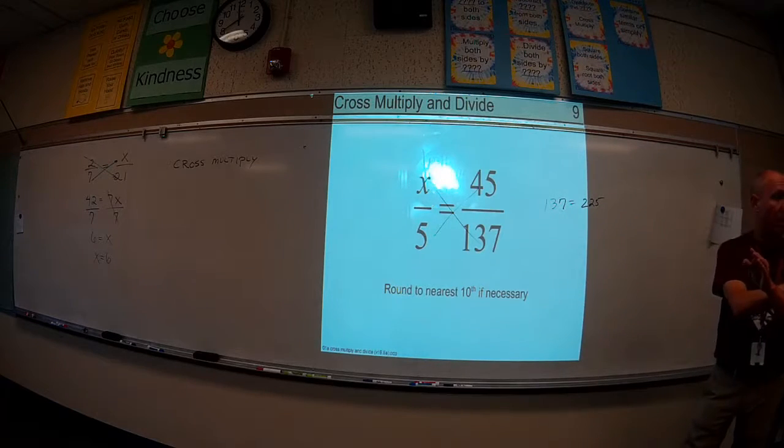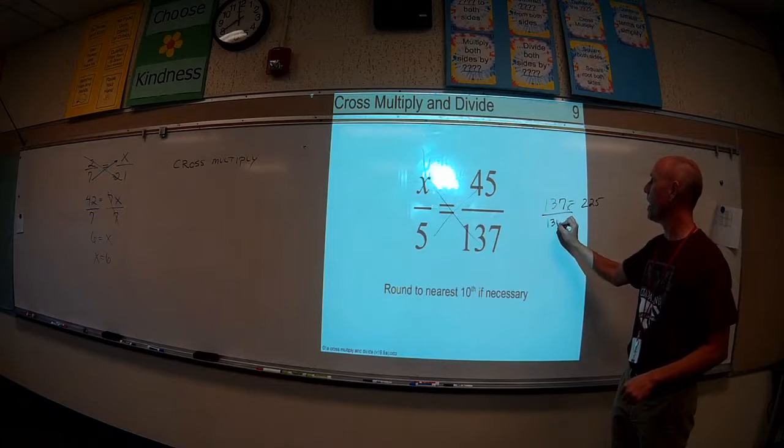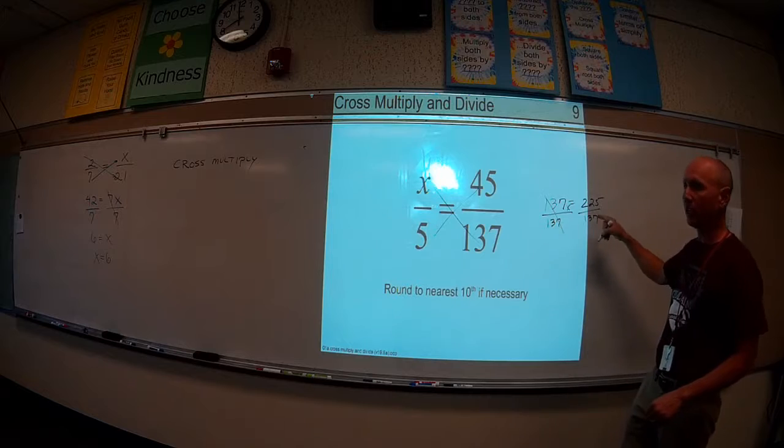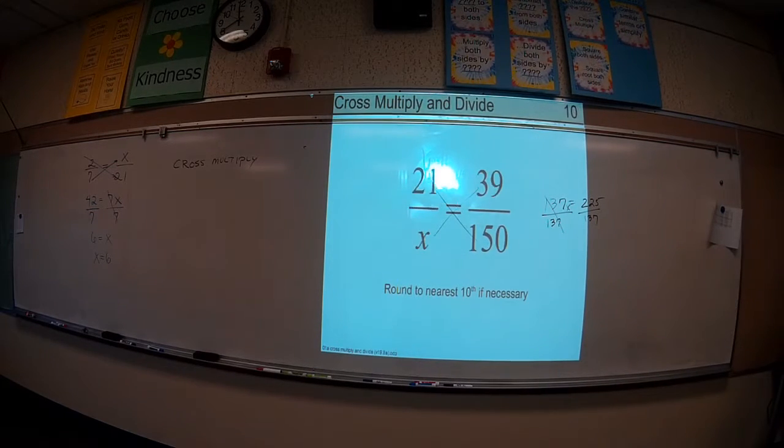There's the cross multiply. The divide, there's an x right there. I'm trying to get everything away from the x. So I divide it away from the x. I take the guy that's with the x and I divide that one. All right, one more.